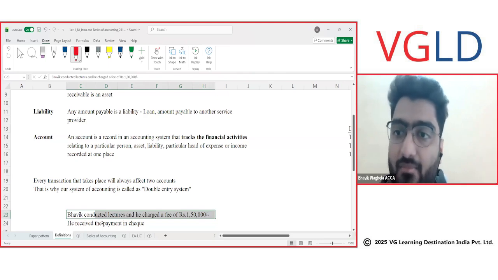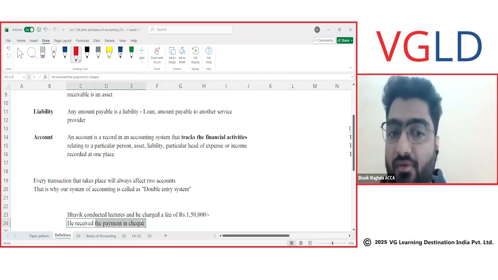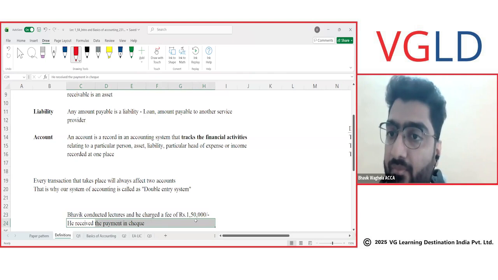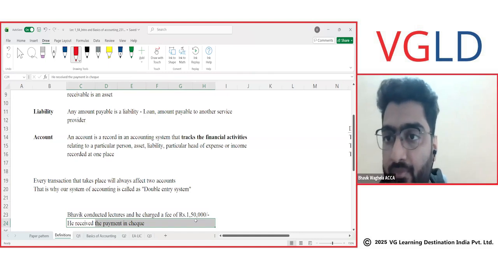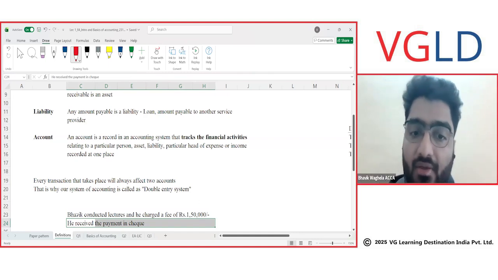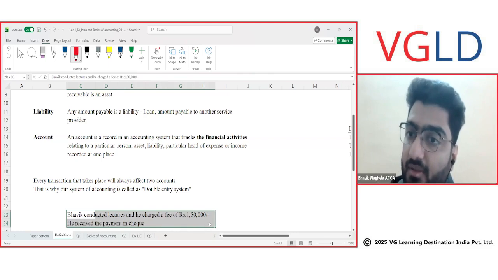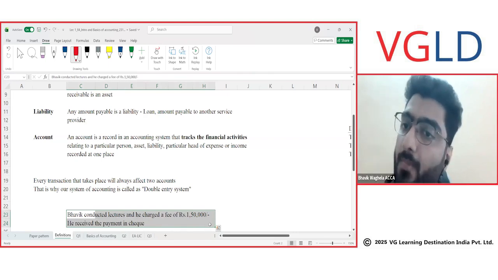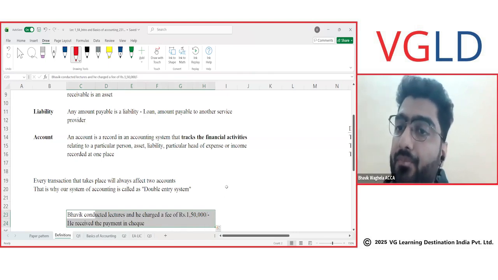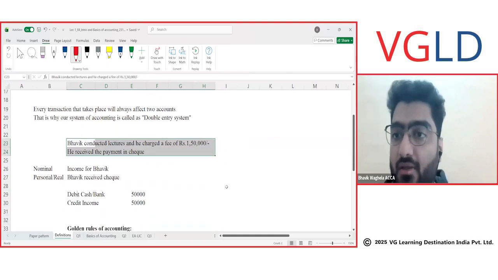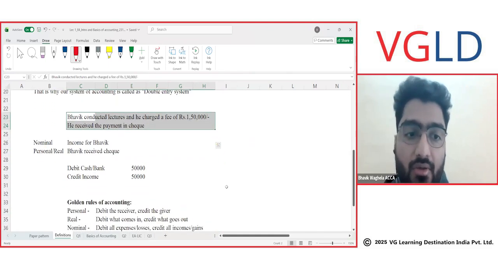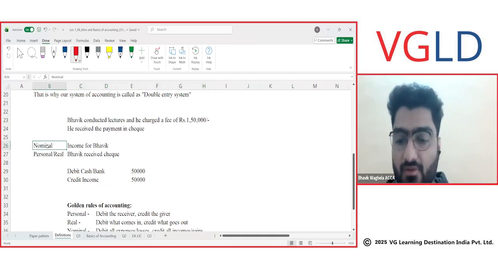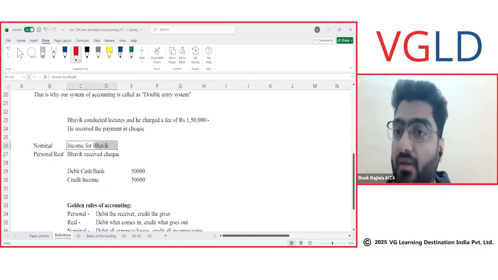And at the same time, Bhavik will also receive cash for this. So Bhavik will debit cash or he will debit bank. So can I say here two accounts are affected? Firstly, the income account and second, the cash account. So what entry will Bhavik record here? First is a nominal account, income for Bhavik.